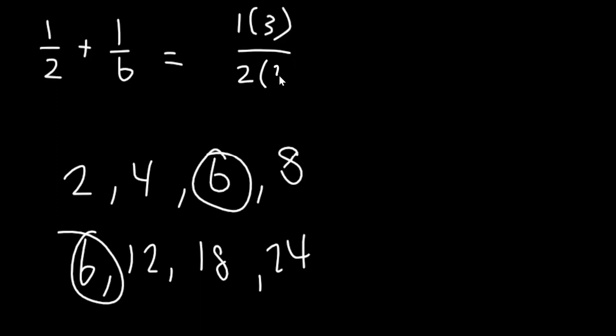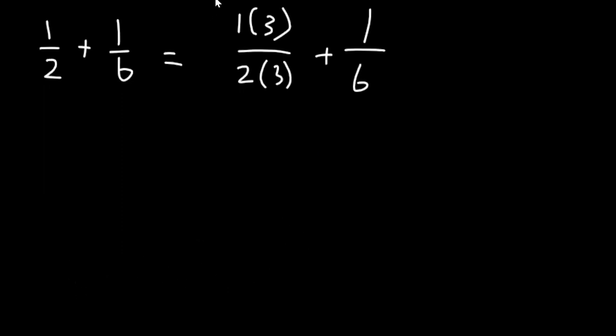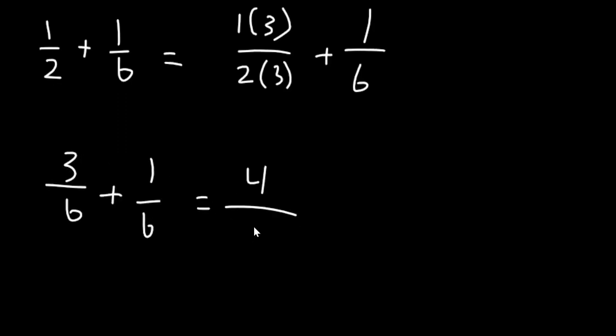So 1 times 3 over 2 times 3, plus 1/6. And since 6 is already as it's supposed to be, you don't need to change it. This is simplified to 3 over 6 plus 1/6, which is equal to 4 over 6.